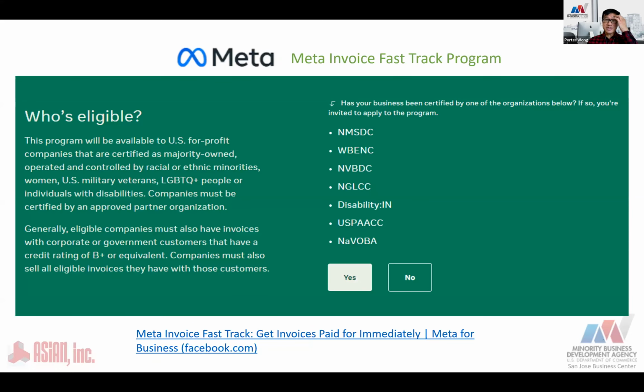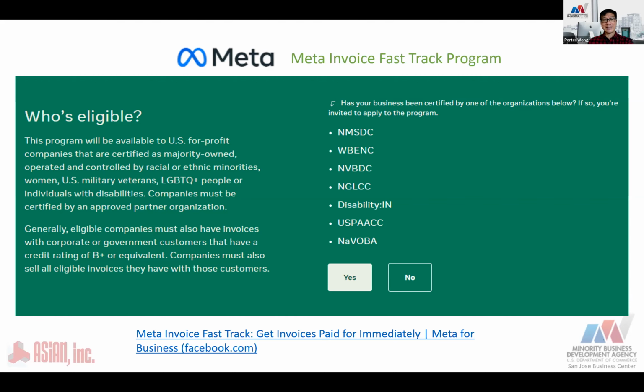Okay, so who's eligible? Basically, they try to help minority-owned businesses, women-owned businesses, veterans, LGBTQ people, or people with disabilities, and the company also needs to have a credit rating of B or above. So the first thing you need to do is get your company certified.